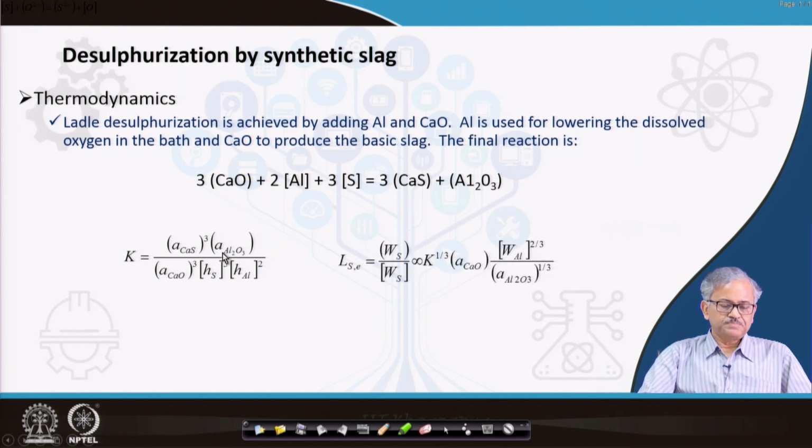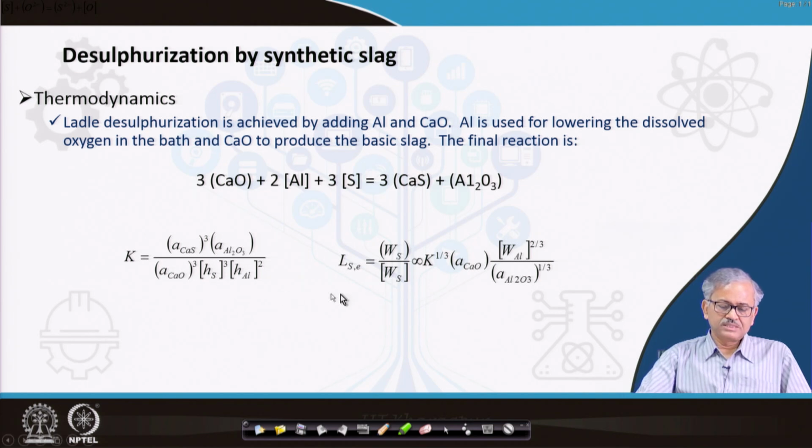Then, from here, the activity of calcium sulfide you can represent in terms of weight % of sulfur, because the weight % of sulfur in the liquid steel is directly proportional to the activity of calcium sulfide. So, we can write the activity of calcium sulfide in terms of weight % of sulfur in the bath divided by the Henrian activity coefficient, considering Henry's law is valid, multiplied by fS, the Henrian activity coefficient, which we can also calculate.